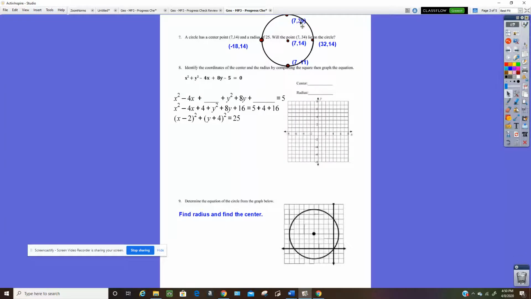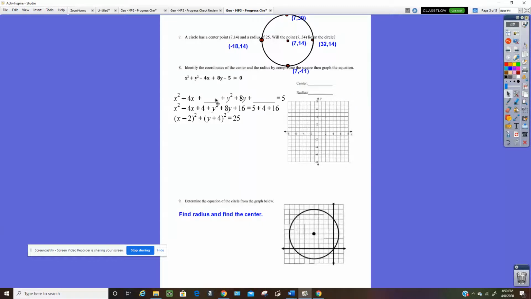And then if I go 25 in each direction, I gave you the coordinates for each point in all 4 directions there, right, left, up, and down. And so if you go to 7, 34, you have to determine whether that's on the circle or not. So by that drawing, you should be able to tell.